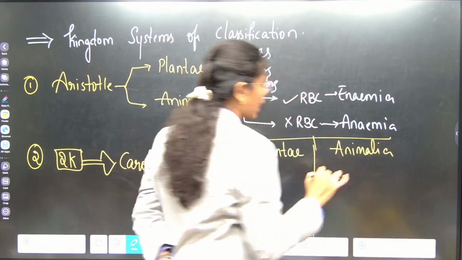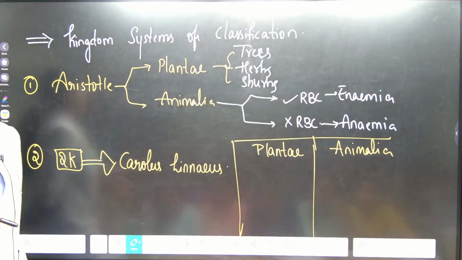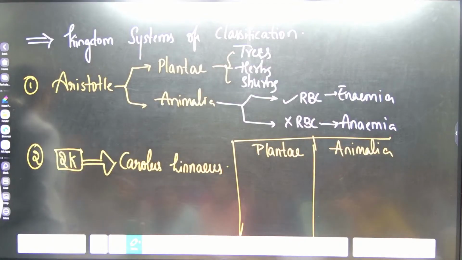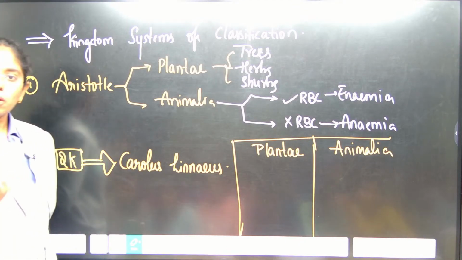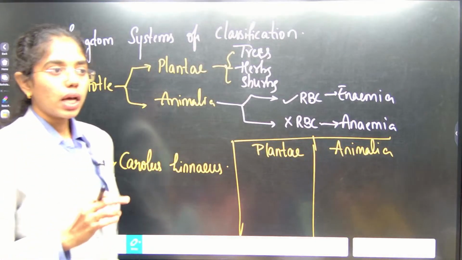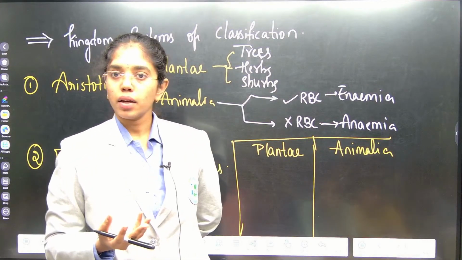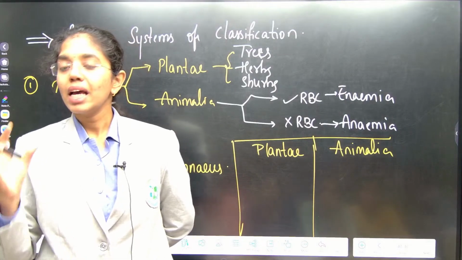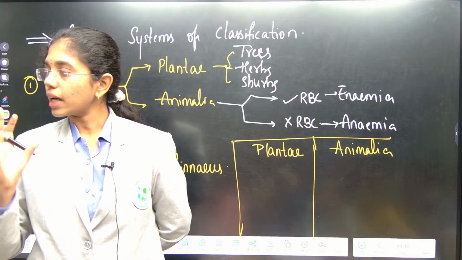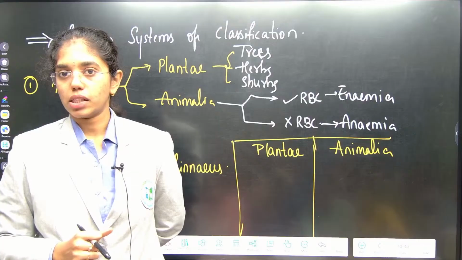What are the criteria that he has considered for classifying them into two kingdoms? There are many criteria, be it cell wall, locomotion, response to external stimuli, mode of nutrition.